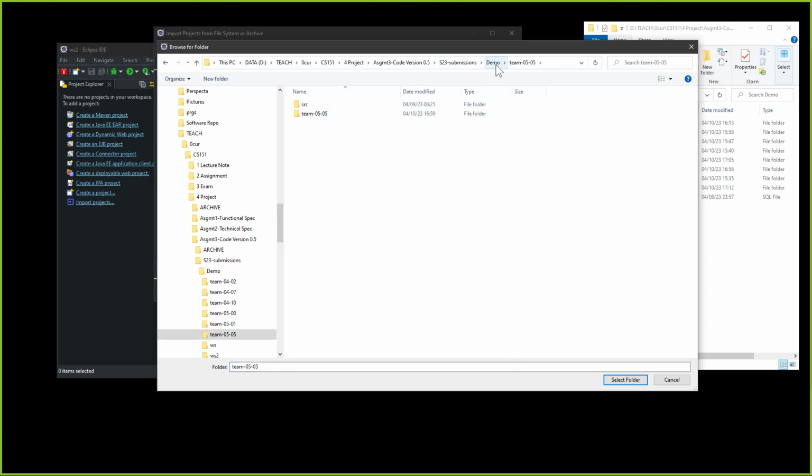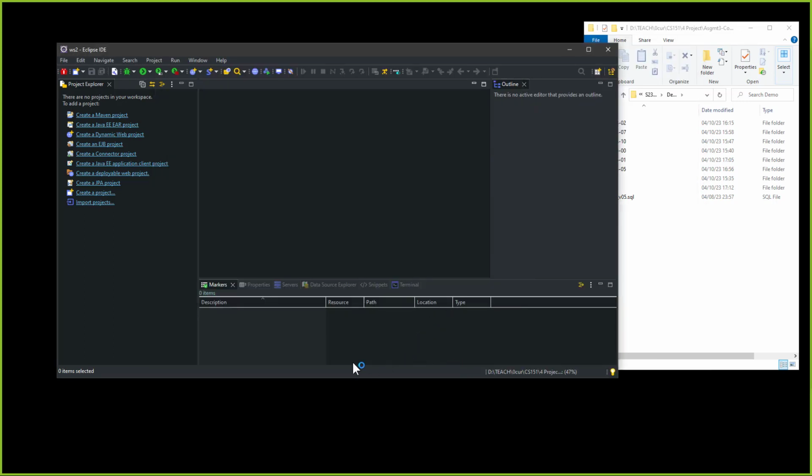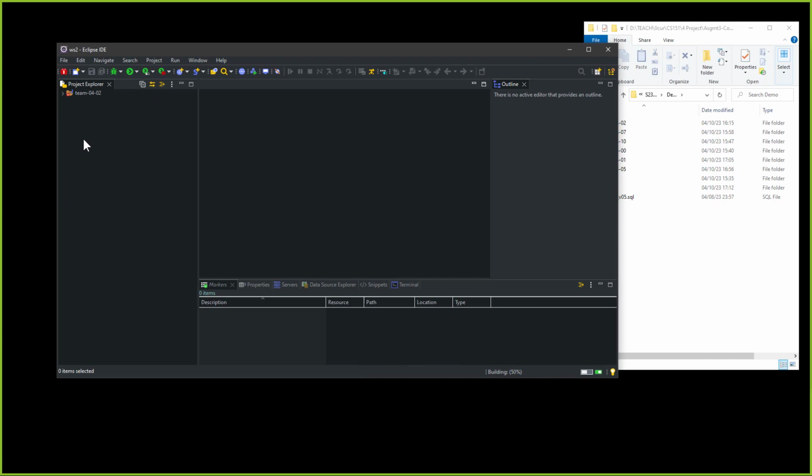Not this one. That was annoying. So let's say, for example, 4-2. You see this one, now it is from scratch. And then if you run this code, then definitely you will get whatever I am getting.